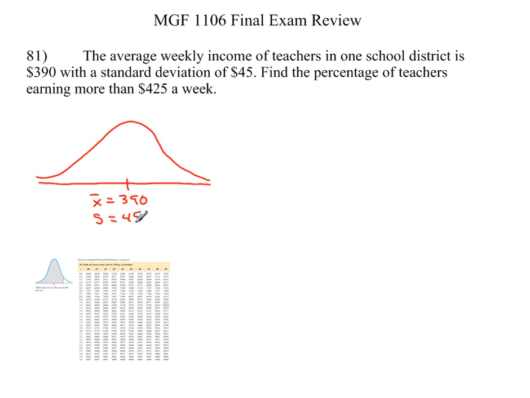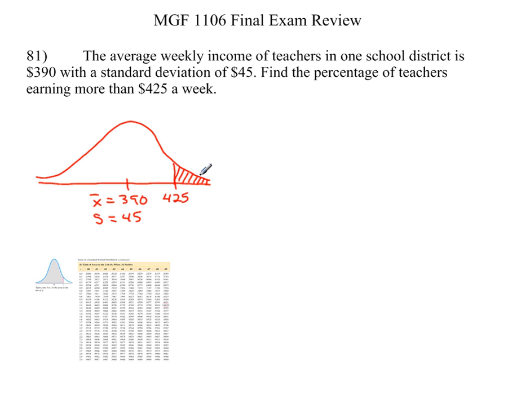Now we're interested in the $425 a week salary, so that'll be to the right of the 390 somewhere. And then we want to know what percentage of the teachers earn more than $425. That would be represented by this area that I've shaded in.